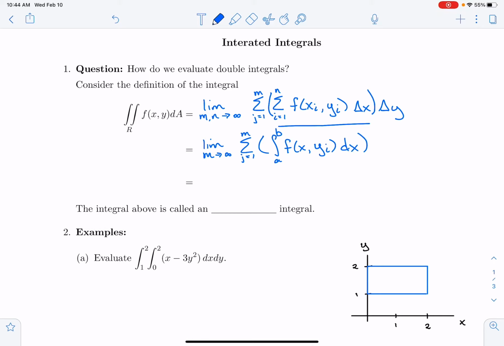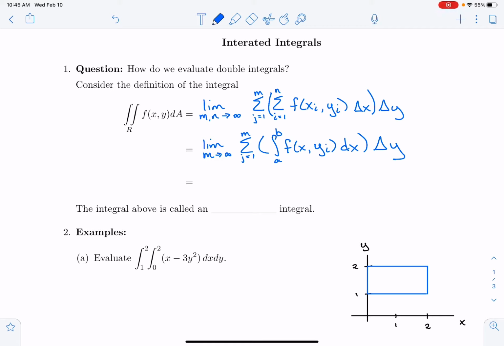And of course, I'm taking that sum times delta y. Now, what is on the inside of these parentheses is a function of y. And so what I really have is a Riemann sum of a function of y delta y.